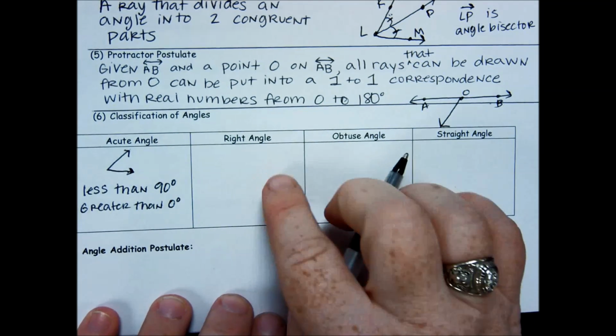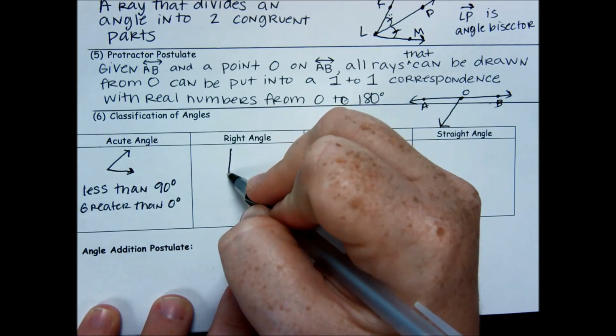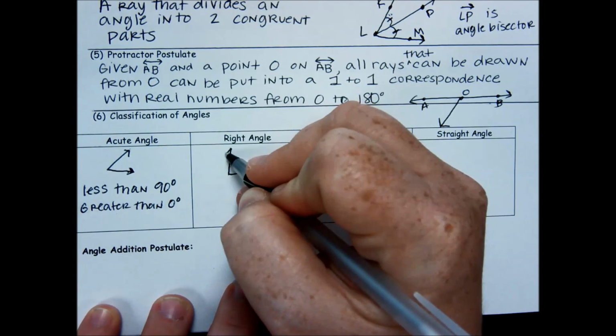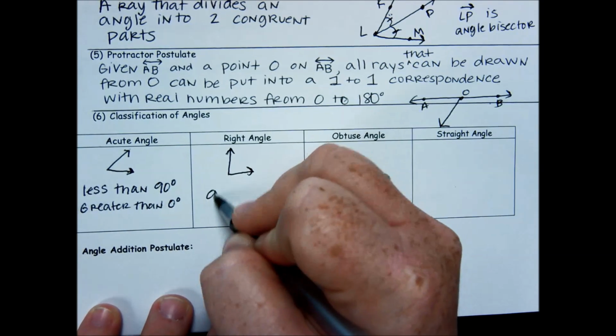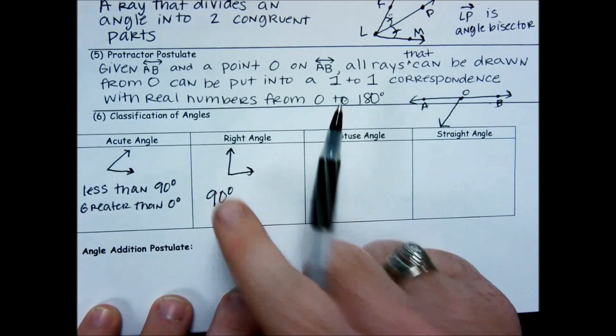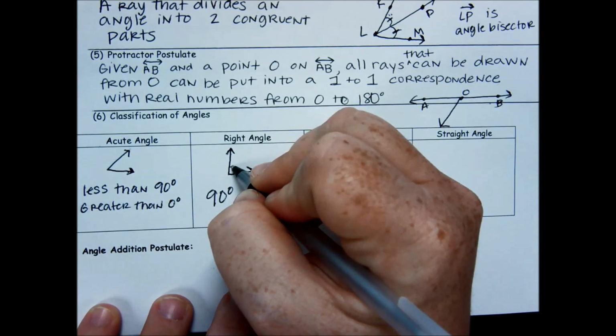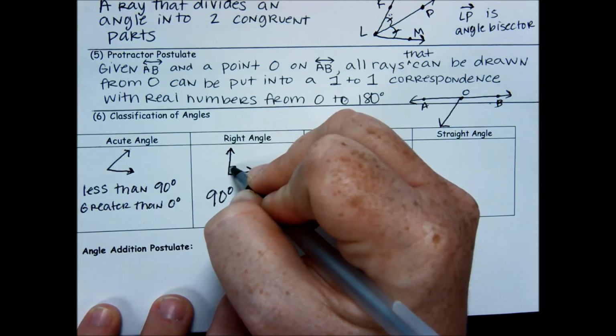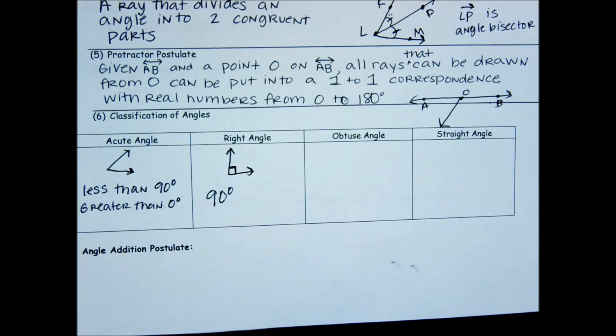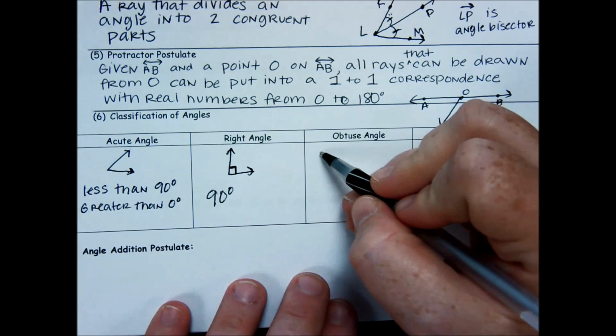The next definition is a right angle. A right angle is exactly 90 degrees. To show that things are right angles, we put a little box inside the angle to show that that's actually a 90-degree angle. The next one is an obtuse angle.